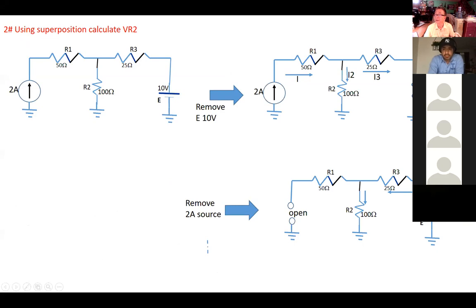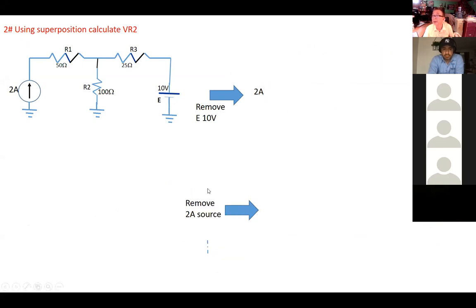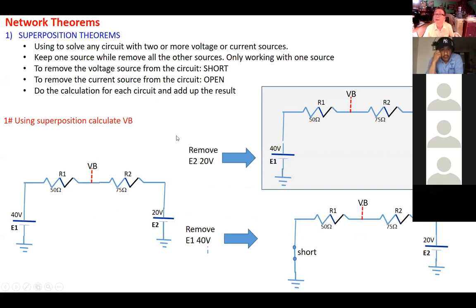However, this time we bring in more things. That's what I call network theorems.